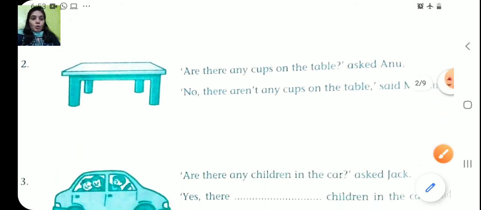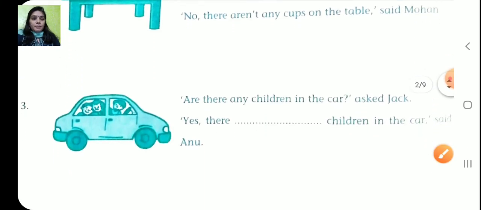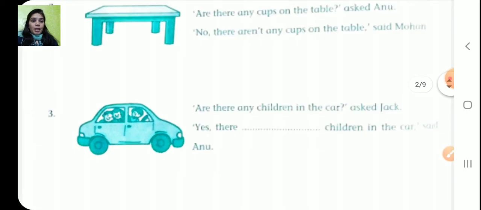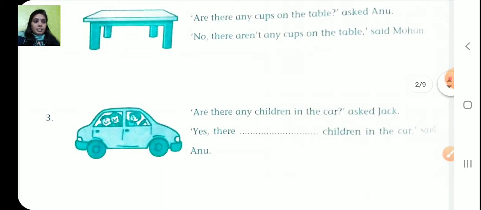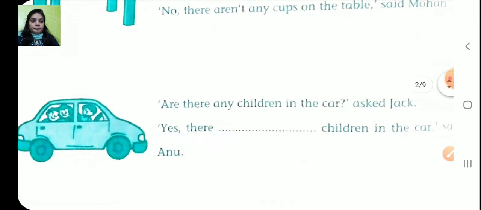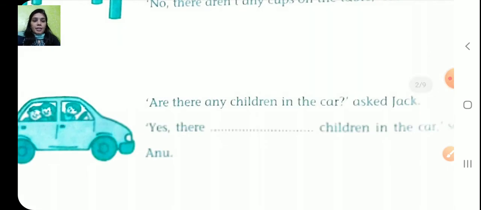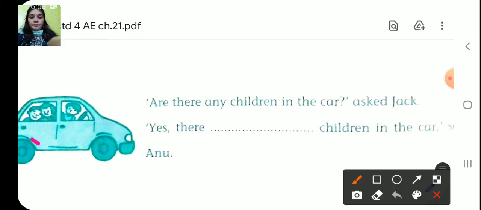Now let's move on to the third question, and we are going to write the answer. Are there any children in the car? asked Jack. Can you see children?